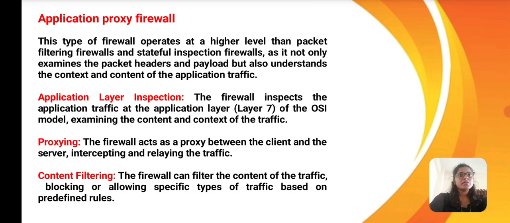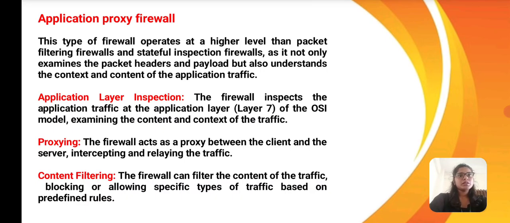Application layer inspection. The firewall inspects the application traffic at the application layer 7 of the OSI model, examining the context of the traffic. Proxying. The firewall acts as a proxy between the client and the server, intercepting and relaying the traffic.